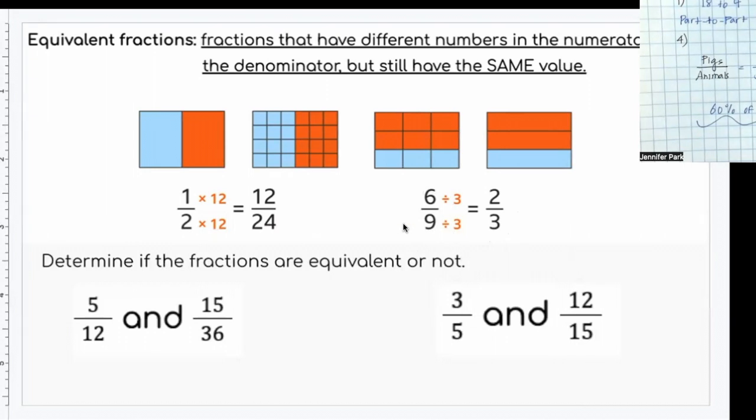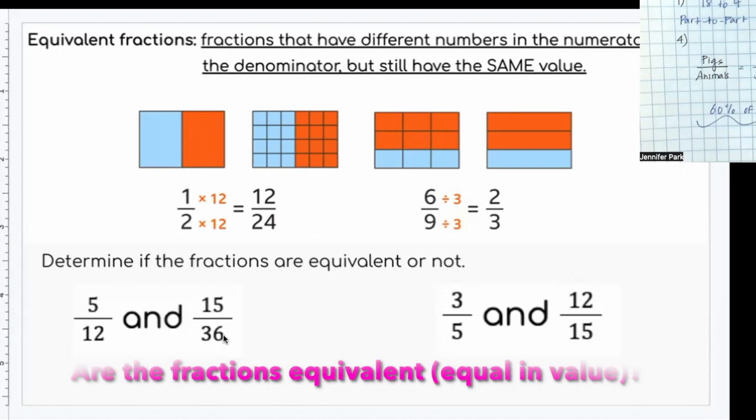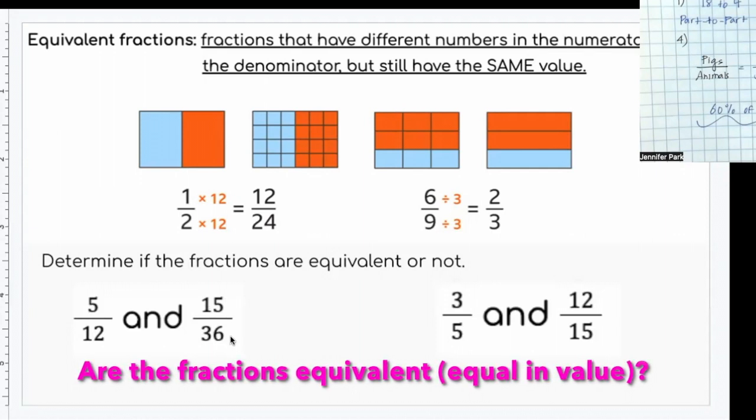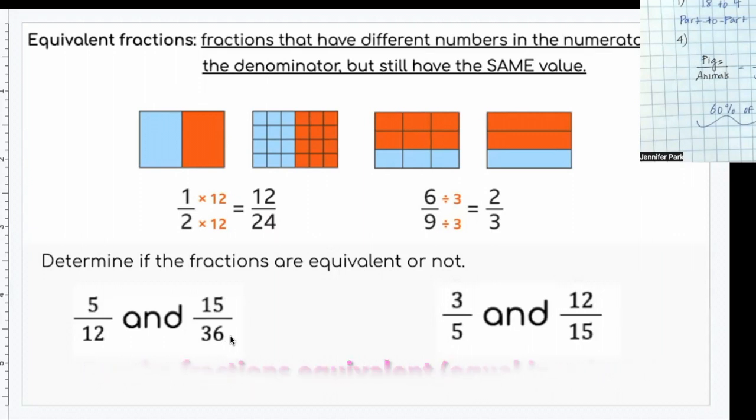So I want you to be able to answer these two. Can you determine whether the two fractions are equivalent or not? 5 over 12 and 15 over 36. Are they equivalent or not? Yes or no? The answer is yes. 5 times 3 is 15, and 12 times 3 is 36.